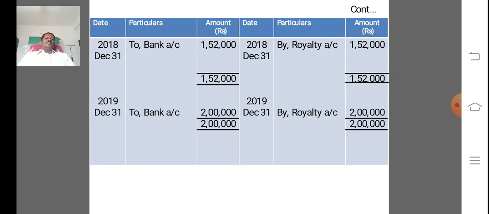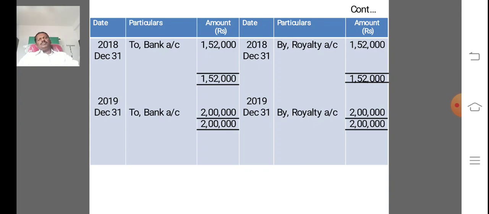And lastly, in the last year 2019, we paid 2 lakh to the landlord. So that amount is debited to bank account. Next, by credit royalty account 2 lakh.